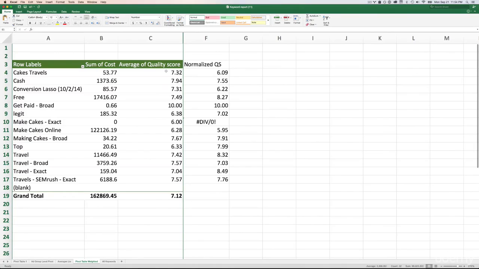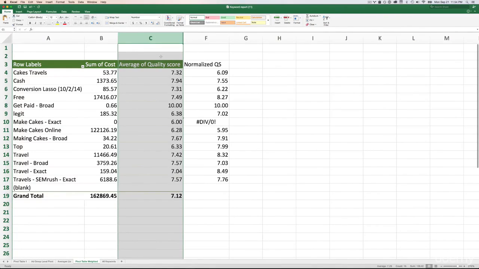So we've done some very interesting tricks, and we could actually start discovering some very interesting things now that we have that weighted quality score, right? We understand how averages could lie, right?